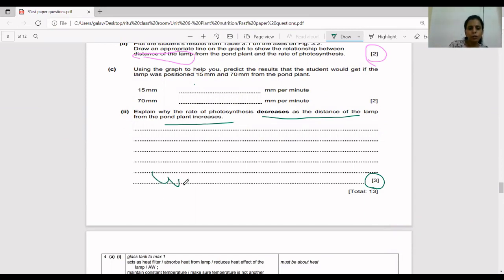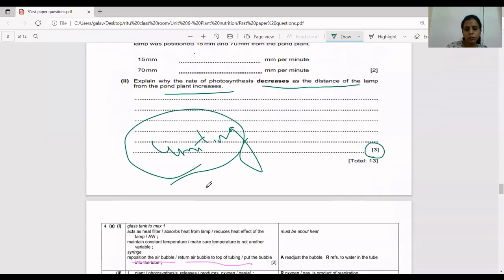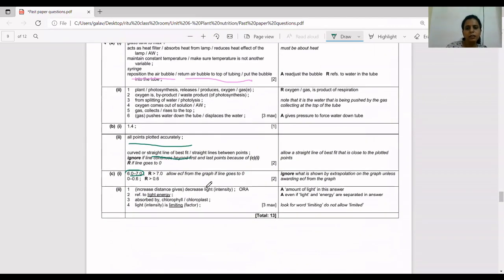This point of limiting factor is very important. When you write down this limiting factor, you will get 1 mark. So 1 mark for writing that light intensity decreases, 2nd, chlorophyll molecules will have a lesser amount of light for the process of photosynthesis, and 3rd, light intensity becomes the limiting factor.